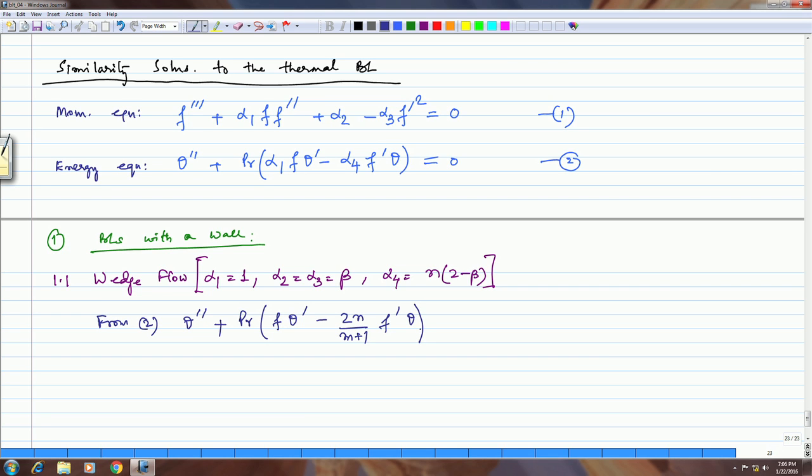Basically we just write out beta, this and that is equal to 0. And the boundary conditions then become: at eta is 0, theta is 1; at eta very large, theta is equal to 0.